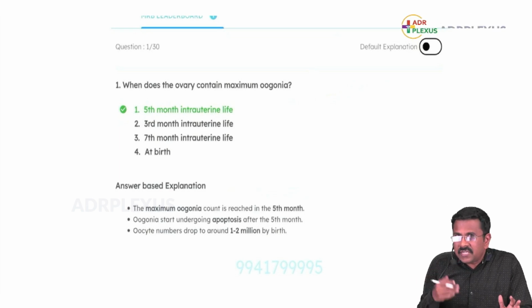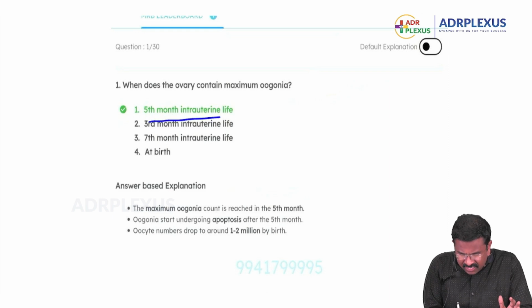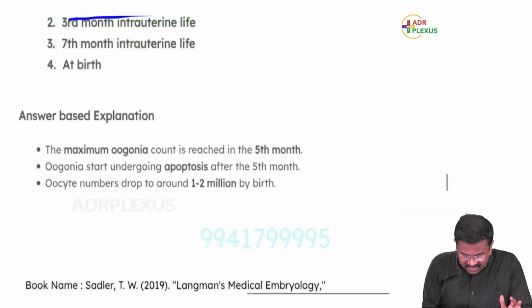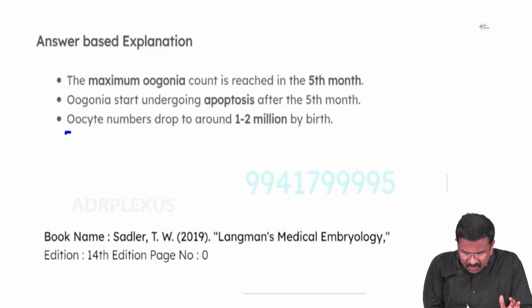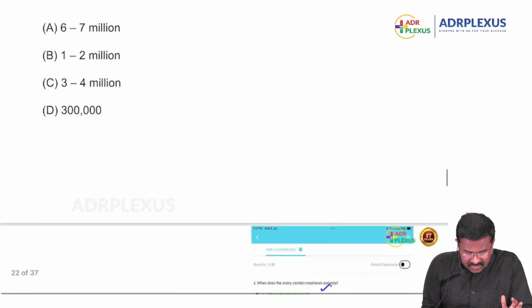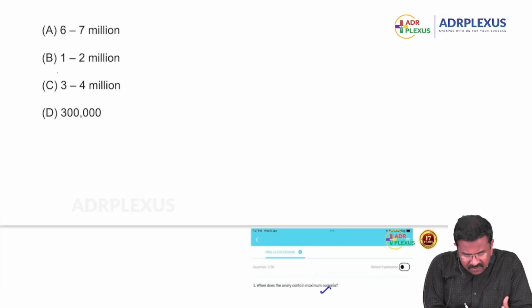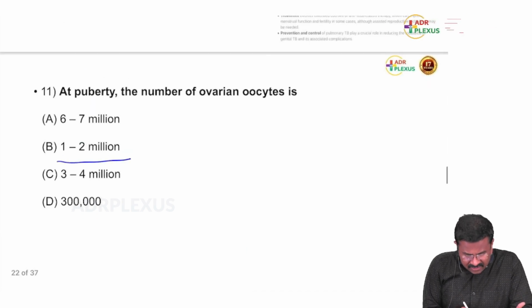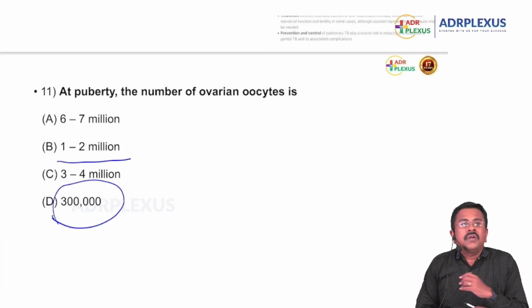We highlighted that in the 5th month of intrauterine life the ovary contains the maximum oogonia, and the oocyte number drops to around 1 to 2 million by birth. So only 1 to 2 million is there at birth itself. Definitely at puberty it keeps on reducing to 3 lakhs.